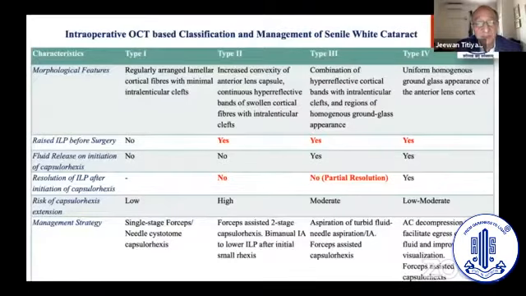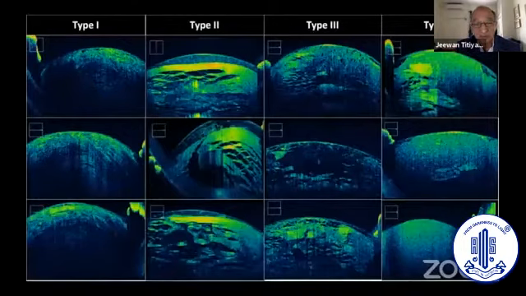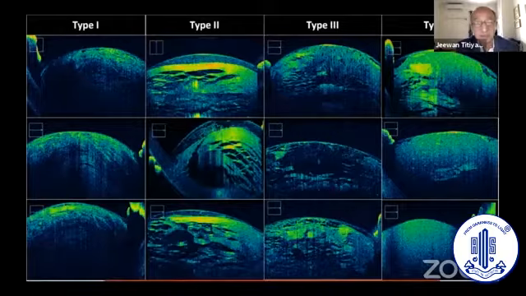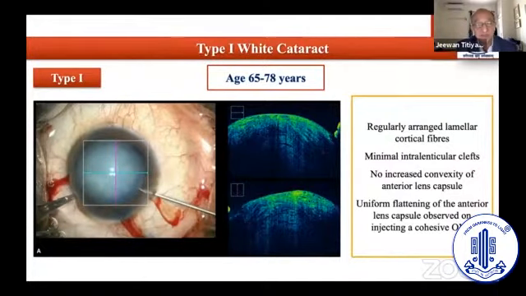So we have had a series of cases of white cataracts, and we have classified them in four categories, though we do have a spectrum between these types also. Classically, there are four types, and type 1, which is seen in a slightly older age group, has an OCT picture with regularly arranged lamellar cortical fibers and minimal intralenticular clefts.